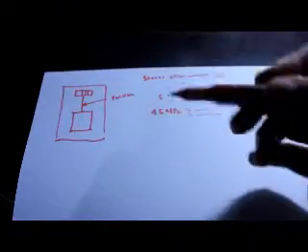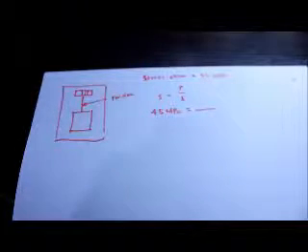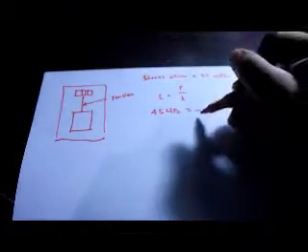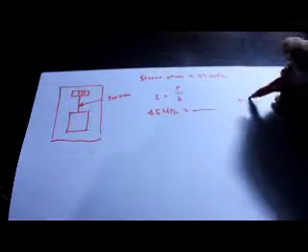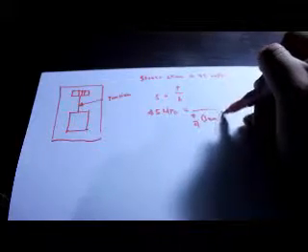Then we also know the area of the string, which is around 1 millimeter for its diameter. So the diameter is equal to 1 mm. So the area is equal to pi over 4 times 1 mm squared.